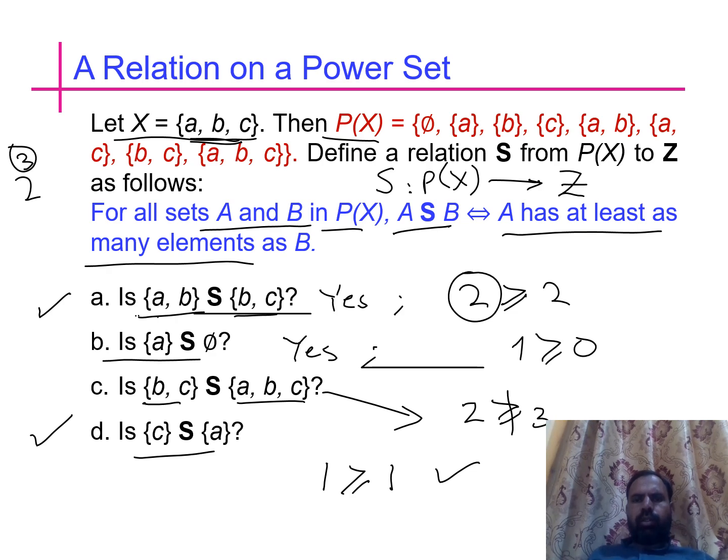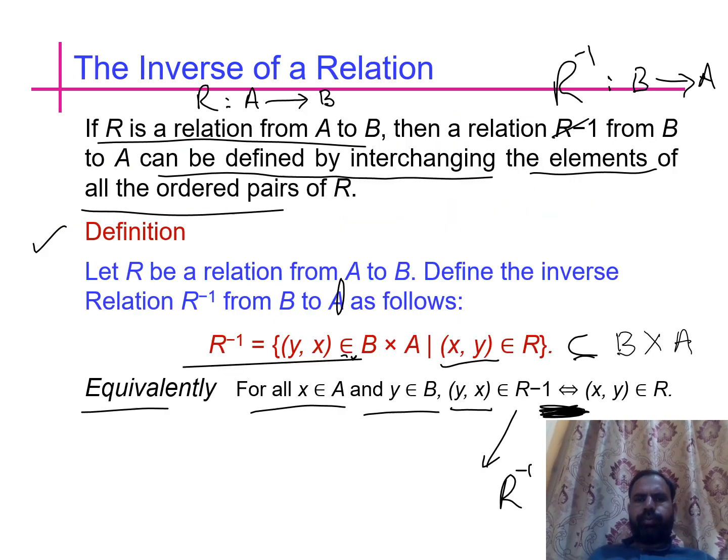These are all the elements in the power set. We define relation S on the power set as follows: for all sets A and B in the power set, A is related to B if and only if A has at least as many elements as B. So is {a,b} related to {b,c}? Yes, because there are two elements, and 2 is greater than or equal to 2.